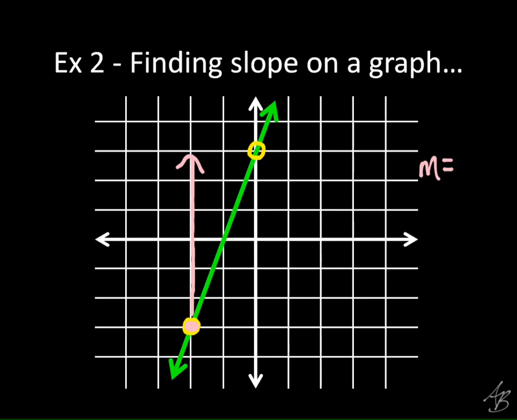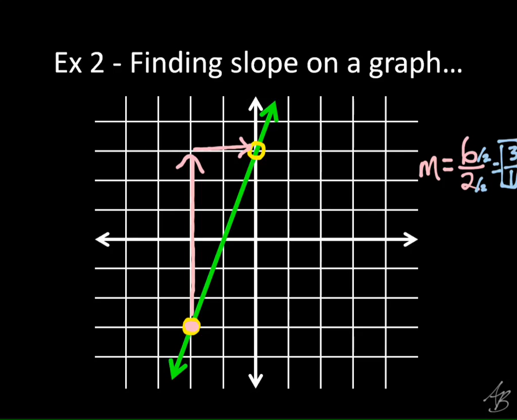Do you guys agree with that? Is that a positive 6 or a negative 6? Positive 6, okay. And then once I do my rise, I'm going to run. How far do I run? 2. All right, so I get 6 over 2, and then I want to simplify. What goes into 6 that also goes into 2? 2. Okay, 6 divided by 2 is 3, and 2 divided by 2 is 1, so we get 3 over 1.